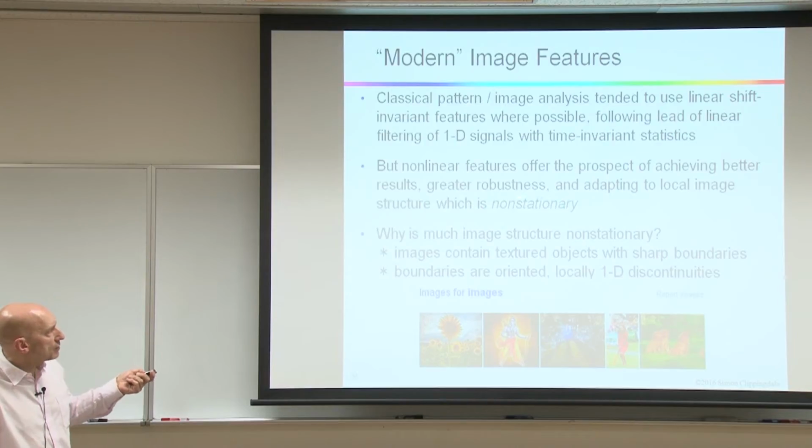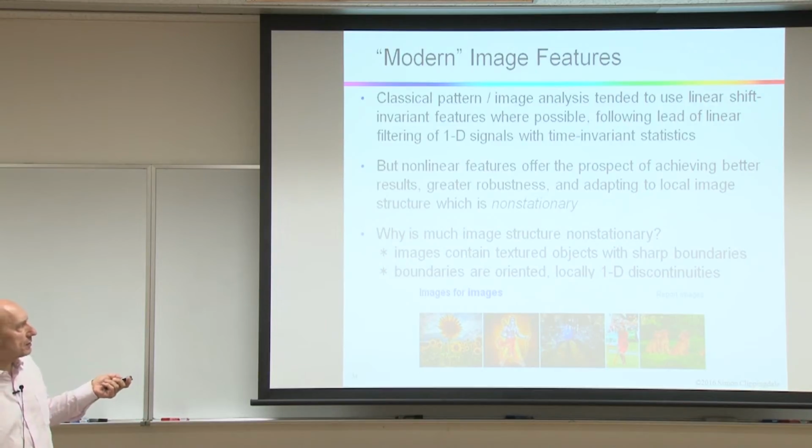That's called, statistically, non-stationarity. A lot of image structure is non-stationary because images actually tend to contain textured objects with sharp boundaries, and those sharp boundaries are places where the statistics are very different from region interiors, which are much smoother. And those boundaries tend to be locally one-dimensional.